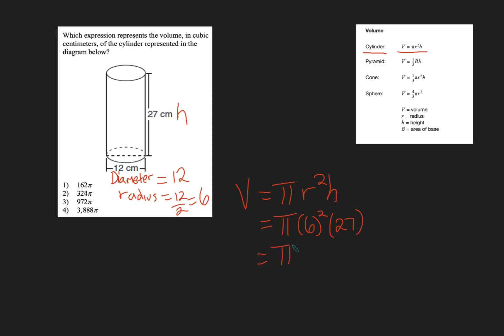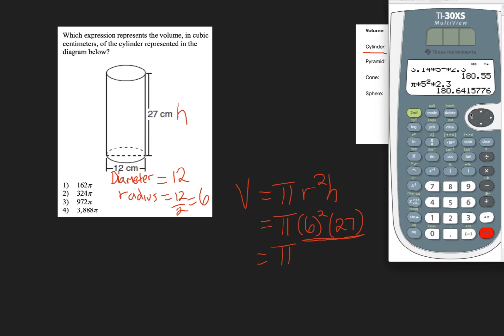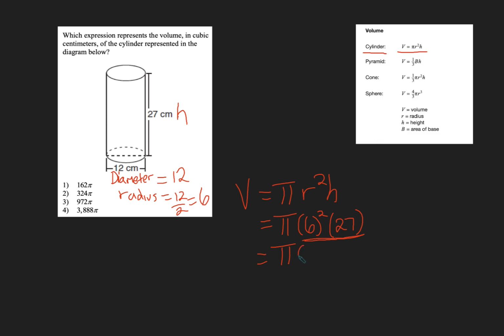So I'm keeping my pi as its symbol, and for the calculator, this is all I'm going to input: 6 squared times 27. Notice I have a value of 972. So that equals pi times 972. So my answer is 972 pi, right here.